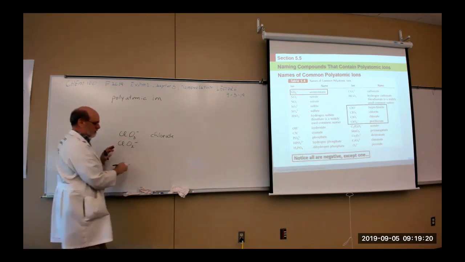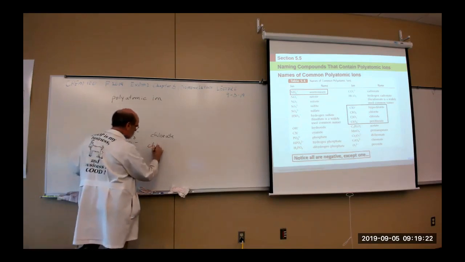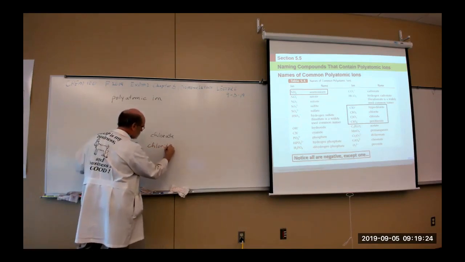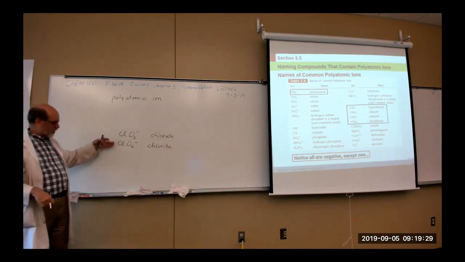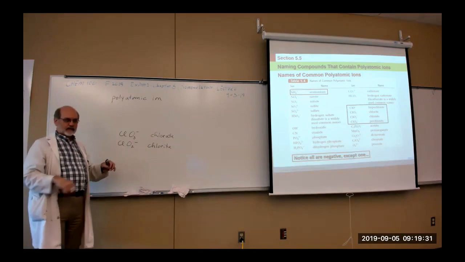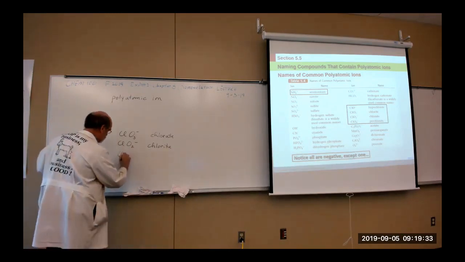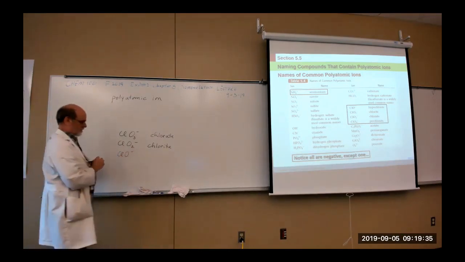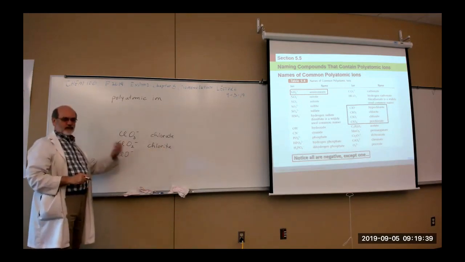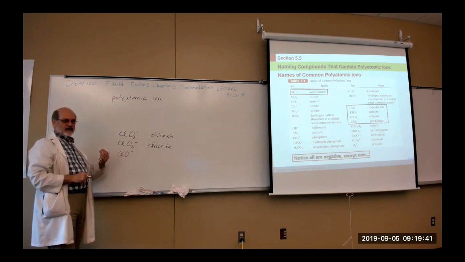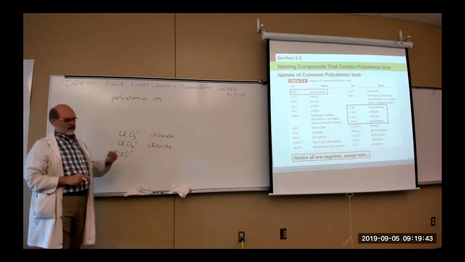But it's got a different name. Change the ending from -ate to -ite. Right? Take away 1, got an -ite. We can take away another one, but we don't have any more endings. So we have to put a prefix in here. We're going to say hypo, underneath or less than chlorite.